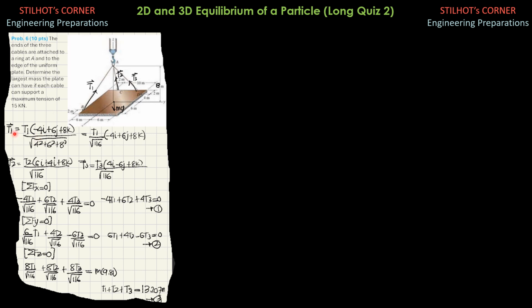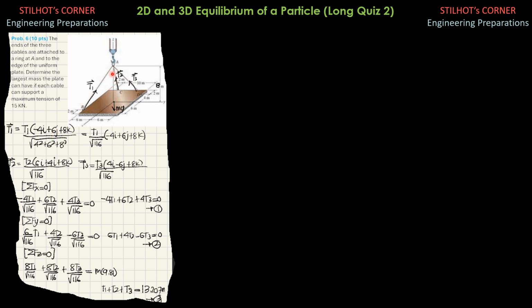So we first set up the vector form of tension T1, which is tension in BA. It is equal to the magnitude of tension T1 times the quantity: it is directed in the negative direction because this is 2 and that is 6 for the center. So 4 meters backward, so negative 4i. Then 6 meters rightward, positive 6j.